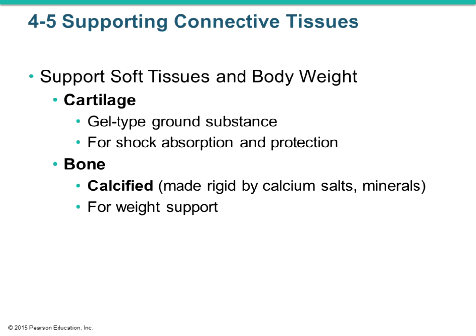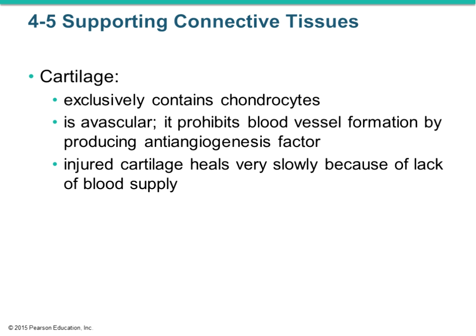Final category of these connective tissues is supporting connective tissue. And supporting connective tissue supports soft tissues and body weight, things like bone, right, and cartilage. That's what we're going to be looking at here. Okay, and cartilage. There are three types of cartilage: hyaline, elastic cartilage, and fibrocartilage.